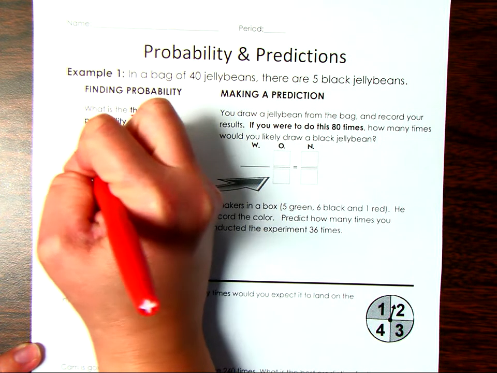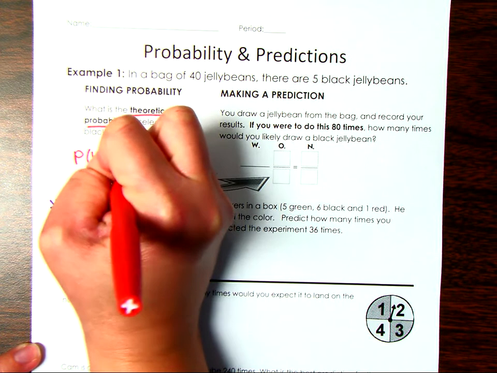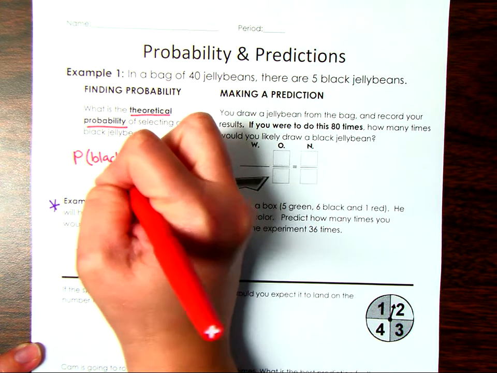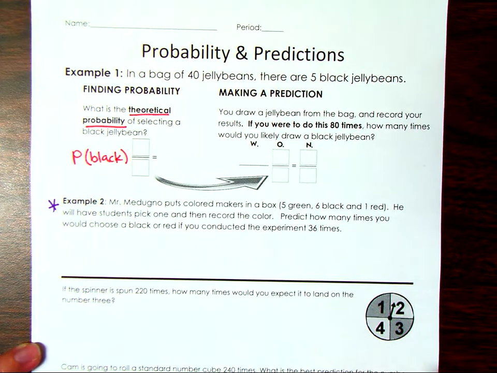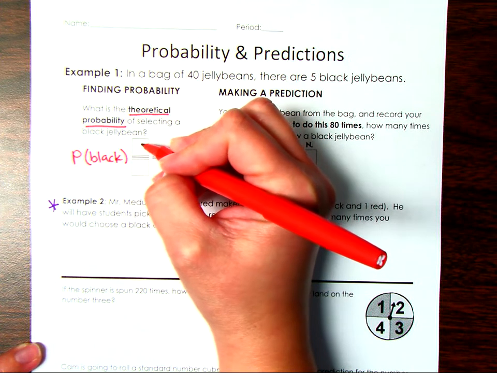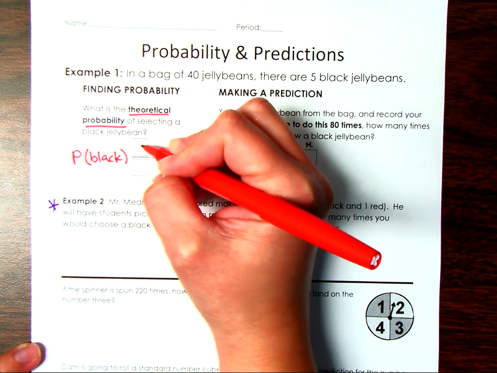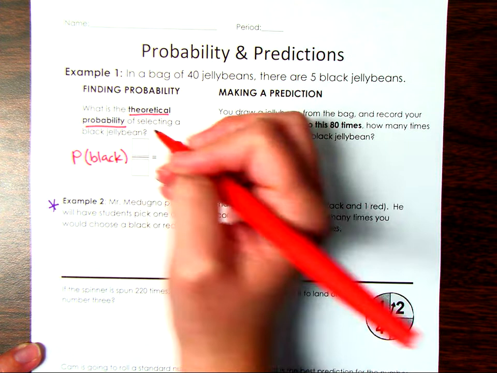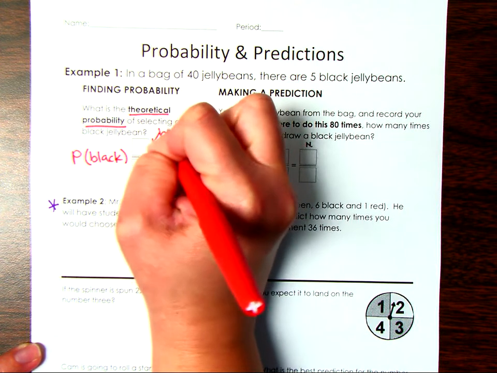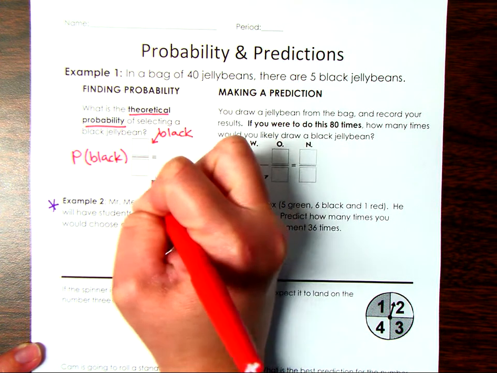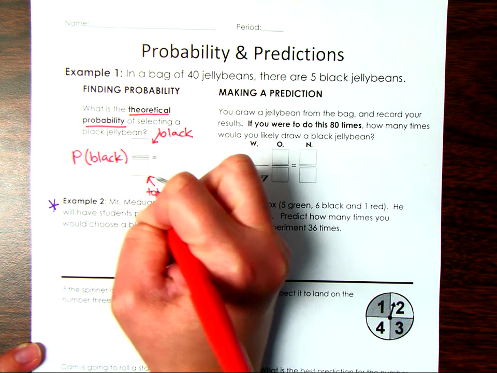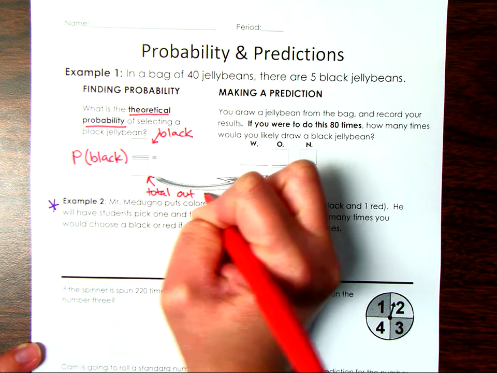We would say probability and put black in parentheses. So we're writing a fraction to represent how many outcomes we're looking for out of the total outcomes. Right here, this represents the black jelly beans compared to the total outcomes.